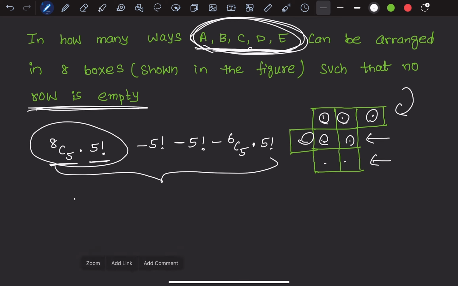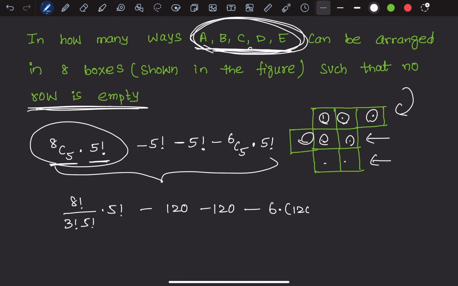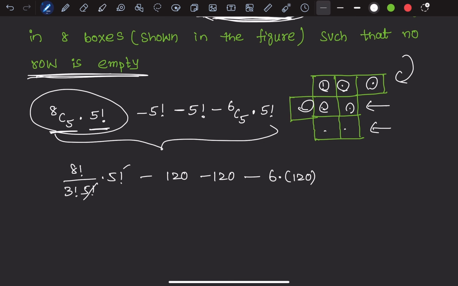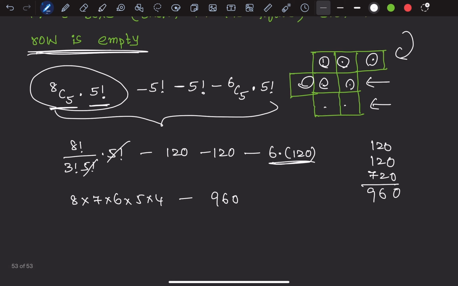So this is 8 factorial by 3 factorial into 5 factorial into 5 factorial minus this is 120 minus 6 5 is 6 into 120. So this and this get cancelled. 8 factorial by 3 factorial is 8 into 7 into 6 into 5 into 4 minus 120 and this is 720 minus 960.